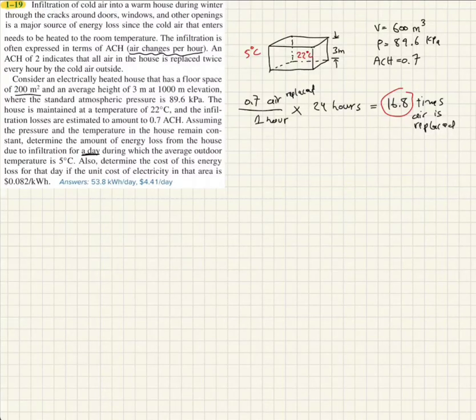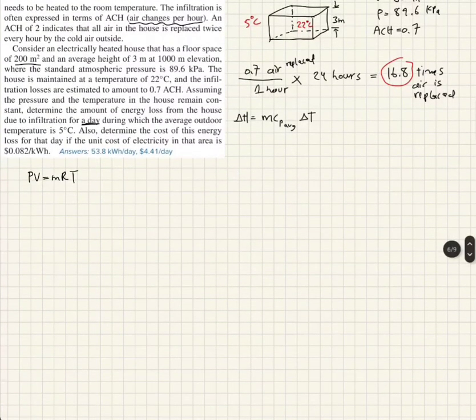The formula for enthalpy change is delta H equals m Cp average times delta T. Now we have to find how much air is getting into the house. Let's use the classic formula PV equals mRT. From this formula, we know P, V, R, and T, so we just have to find m and replace it here.